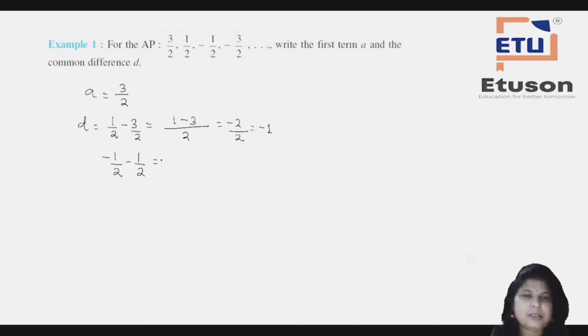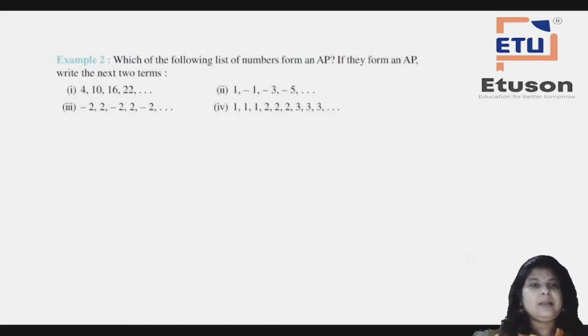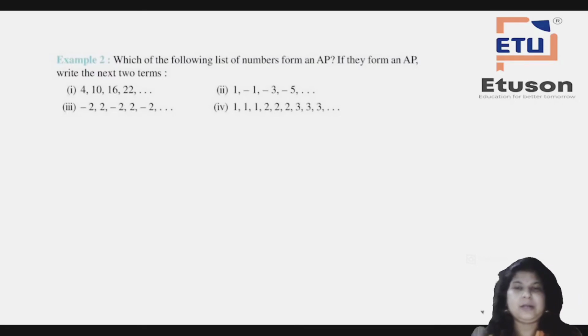Taking minus common, you have 1 by 2 plus 1 by 2 and the answer is again minus 1. So what is your common difference then? The common difference is equal to minus 1. Correct?